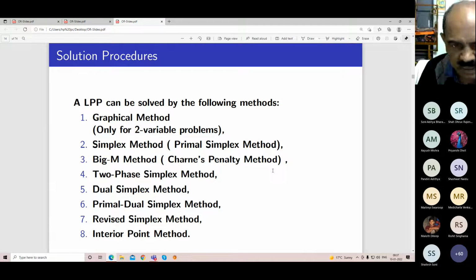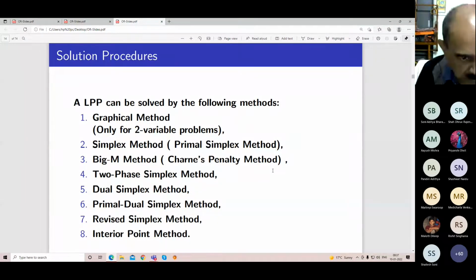First one is the graphical method. I hope all of you know it, but still we will discuss the graphical method. Next is the simplex method, which is also known as the primal simplex method. The third method is known as the big M method.